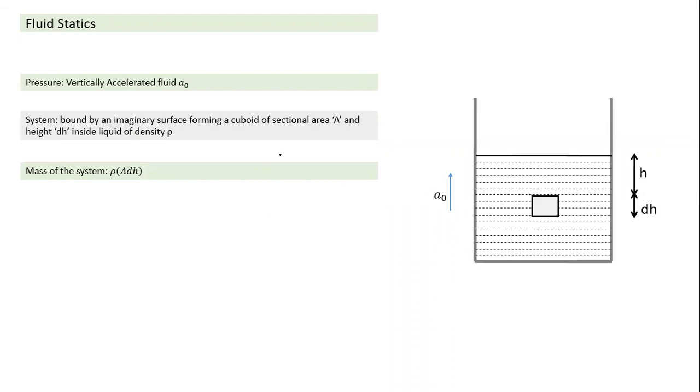Okay, so far we have considered the case where the liquid was unaccelerated. In the other case, what happens if the liquid is accelerated? We keep it in a vessel, and the vessel has an acceleration, say A naught.